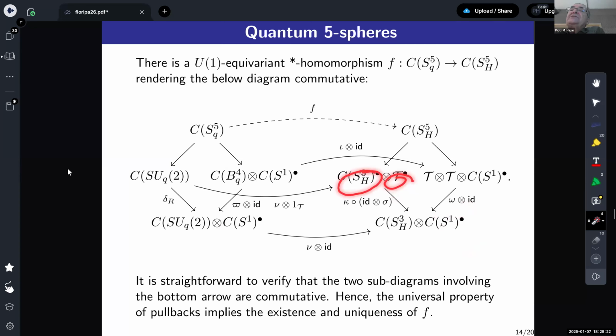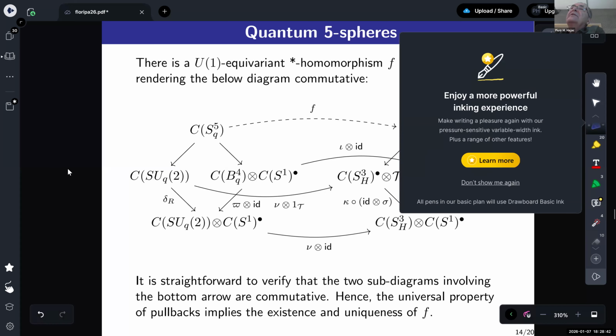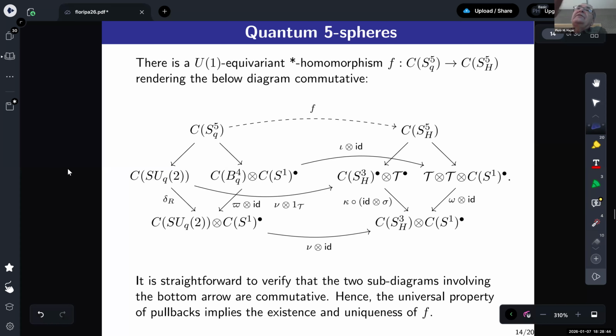So maybe I should explain all the ingredients. So B4Q is a Hong-Szymański quantum ball. It's a certain graph C-star algebra. For people doing graphs, I can actually draw a picture. So let me try it. So when I go into S5, this is my graph.